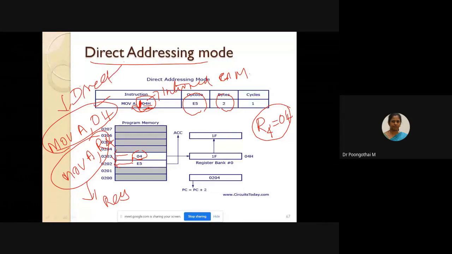Here I am using an 8-bit address as an operand. First it will check the content of your internal RAM memory. The content of internal RAM memory is 1F, and that is transferred to your accumulator. Is that clear? So after execution, your program counter is incremented by 2.